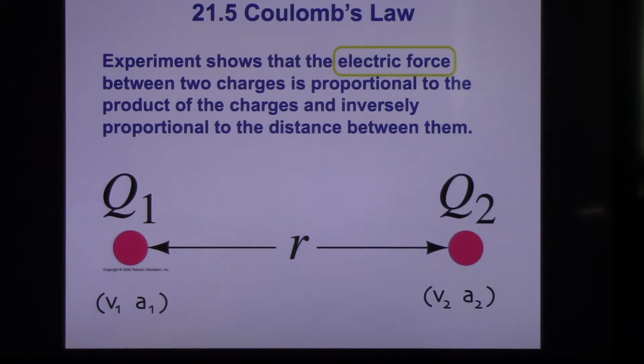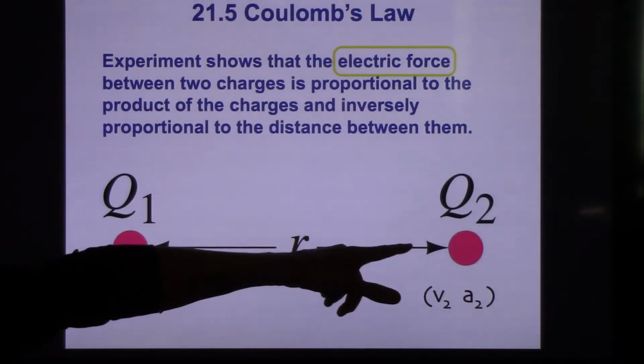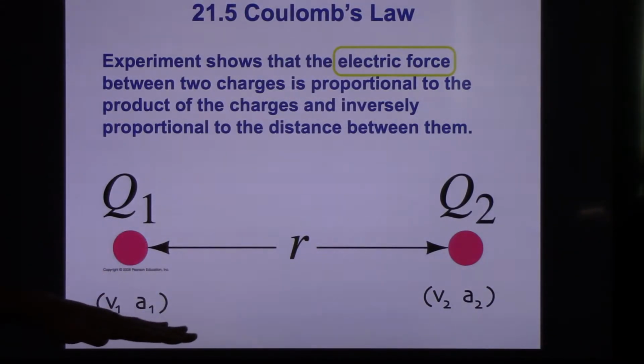You guys are gravitational force experts because you successfully completed Physics 4A, right? So this looks very much like the gravitational force, except that with gravity, this was mass 1 and this was mass 2. Now, you have to ask yourself then, for gravitational forces, did those depend on velocities and accelerations?